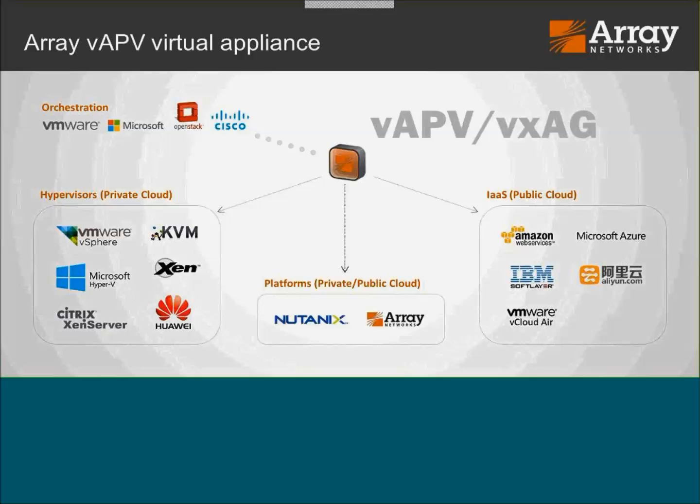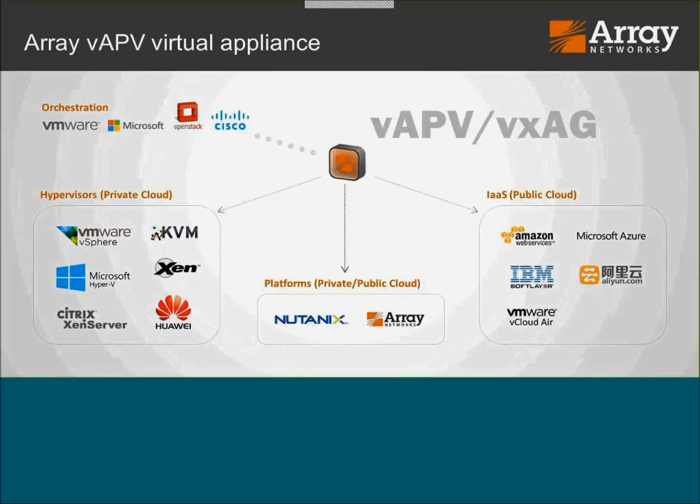The other thing is increasingly people are wanting to use public clouds. Maybe they're even deploying everything in the public cloud, but oftentimes they're creating a hybrid environment where the private cloud talks to the public cloud, and they want to run a consistent architecture and architect their applications the same way. The APV, the VAPV, VXAG, they're available in these public cloud platforms as well.